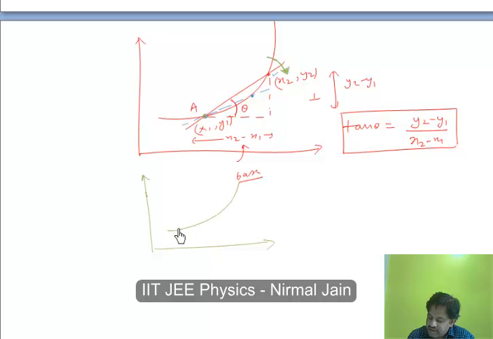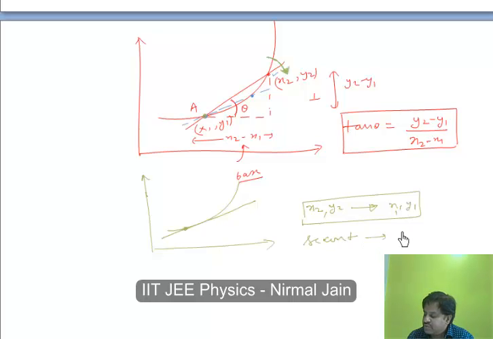This line will become just a tangent to this graph. When this point x2, y2 converges to point x1, y1, then this secant converges to become a tangent.